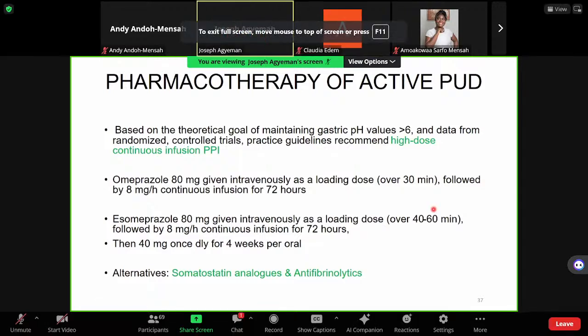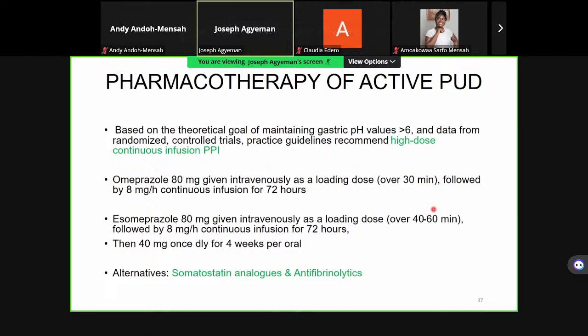So any further questions? If not, we'll end the class. Oh, there is a question there in the chat box. It asks, how does esomeprazole cause osteoporosis in long-term use?